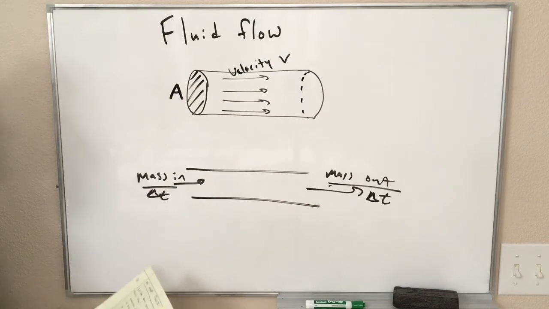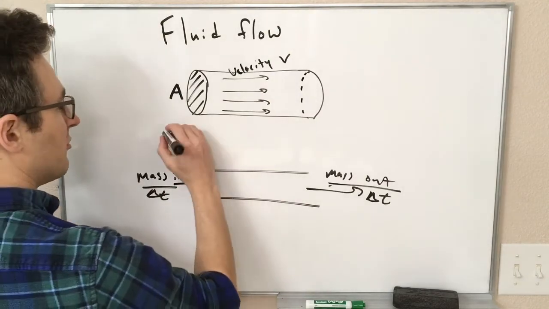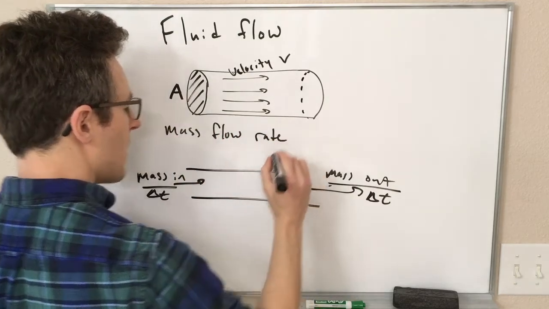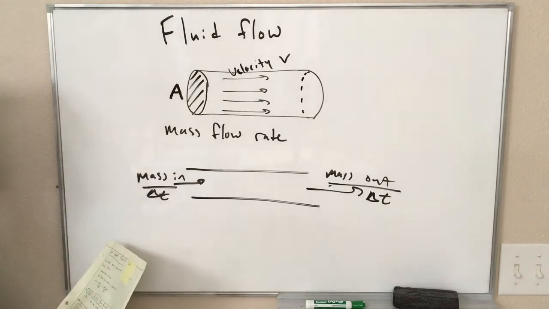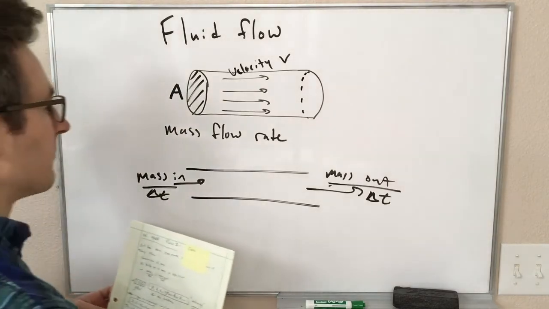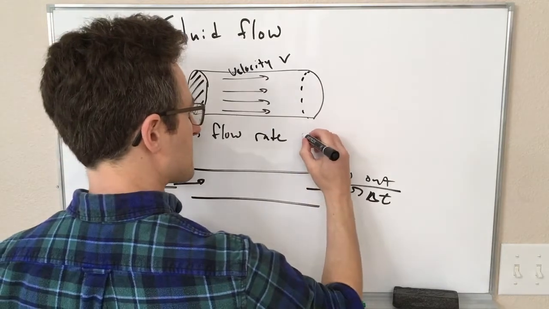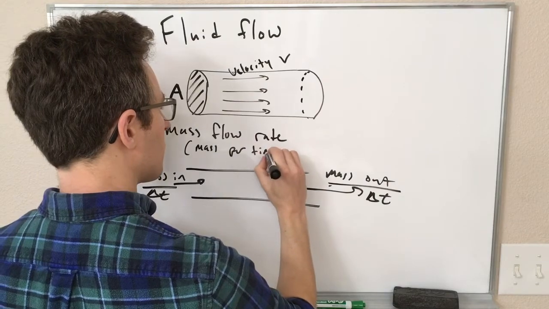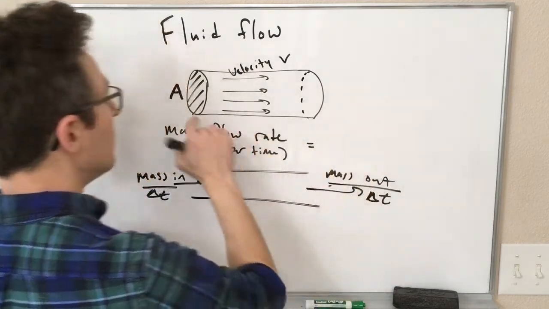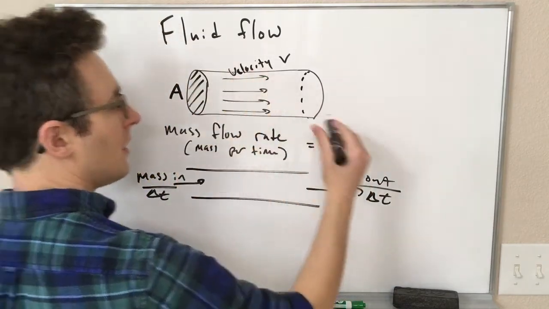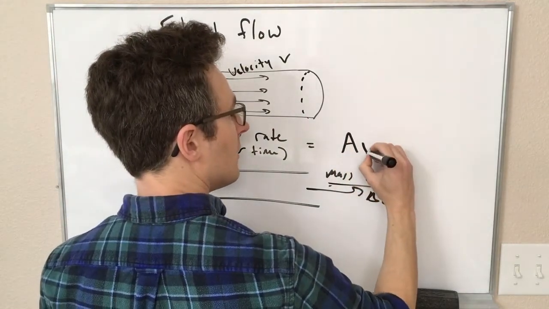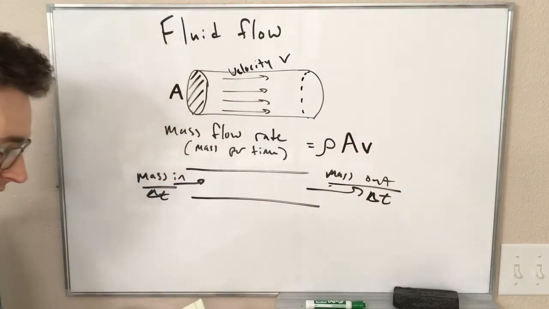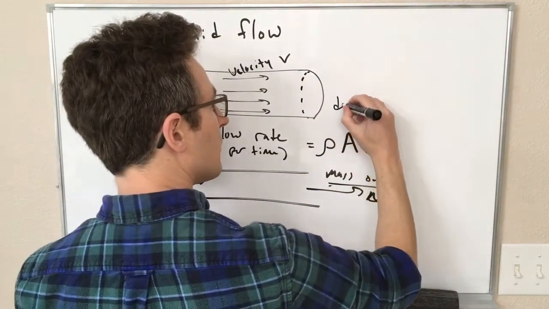Okay, so if this is true, then the mass flow rate, that is the mass per time that we have flowing, is equal to the product of the area and the velocity. So A times V times rho, the density of our fluid.